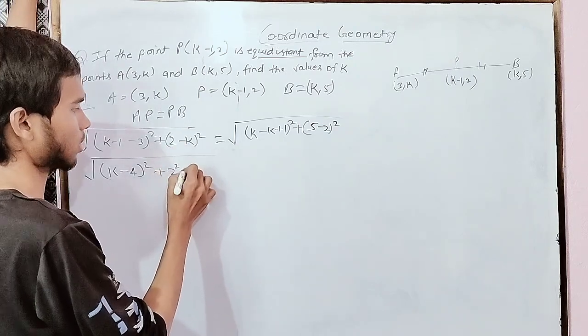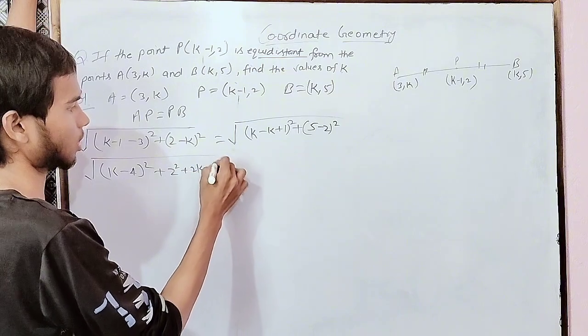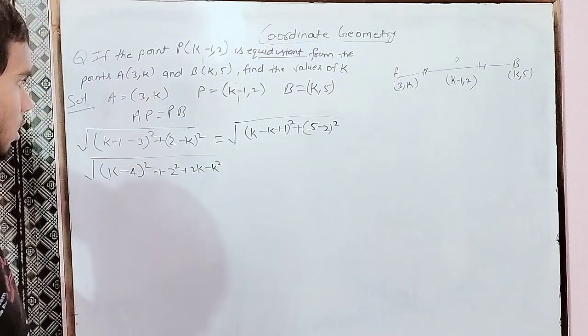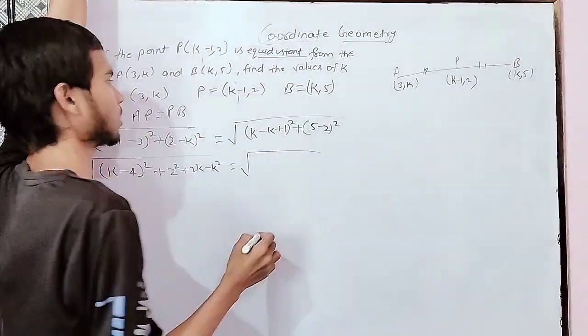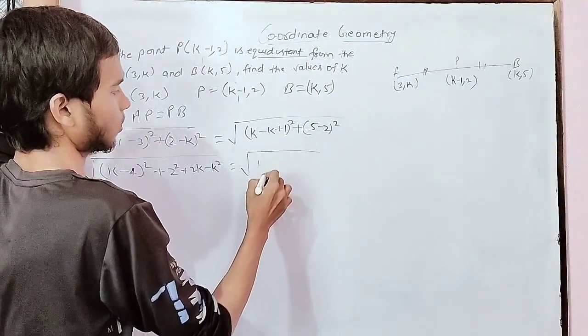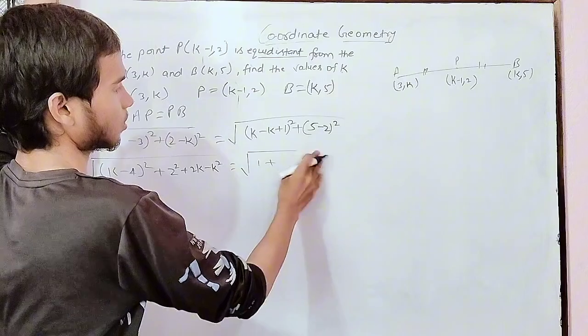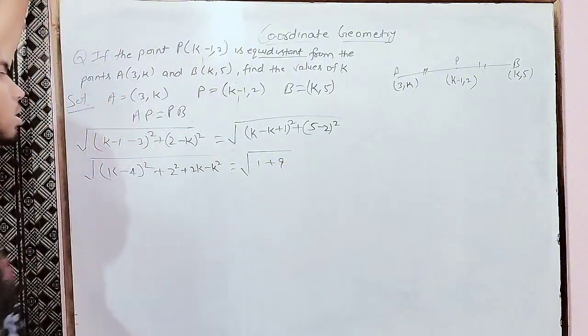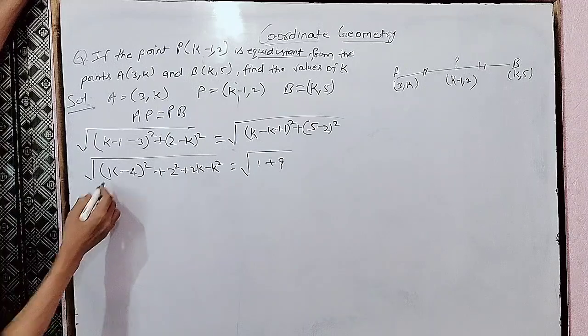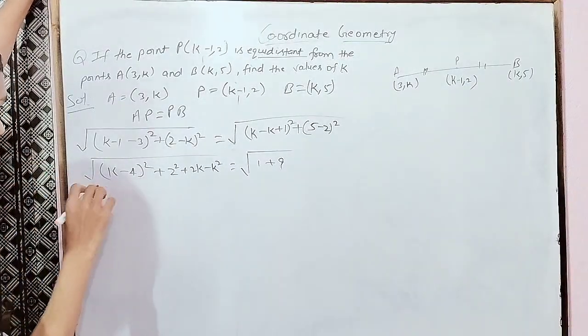So 2 square plus 2k minus k square minus k square. Now here in this, k minus k will get cancelled out. Here is only 1 plus, and this is how much? 3 squared is 9. It is under root of 10. Now we are going to apply a minus b square.